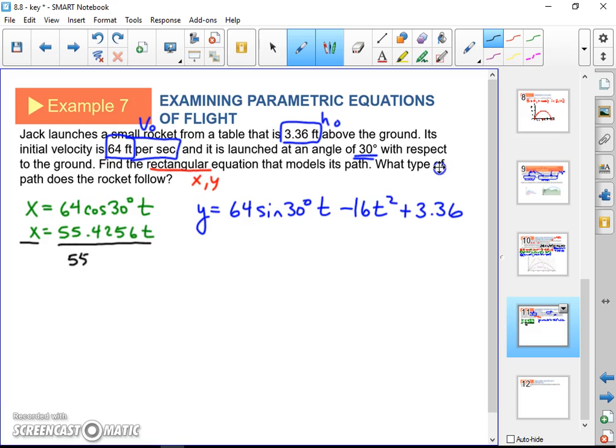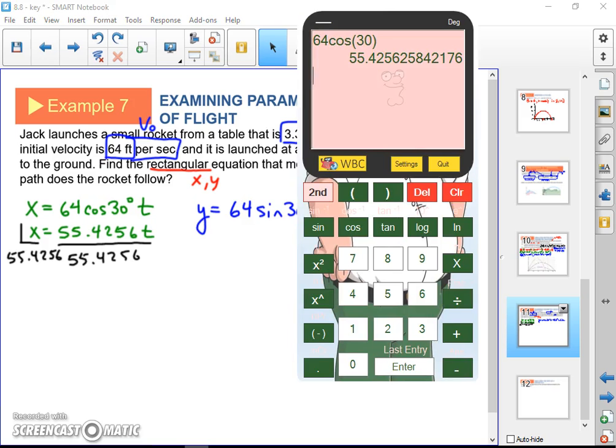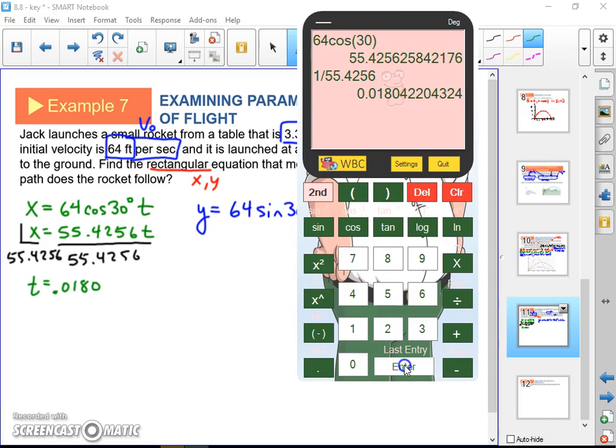I'm going to divide by that 55 number, which we think about as 1 over 55.4256. I'm rounding to 4 decimals, so I'm a little bit off, but that's okay. In this case, t would equal 0.0180 times x.